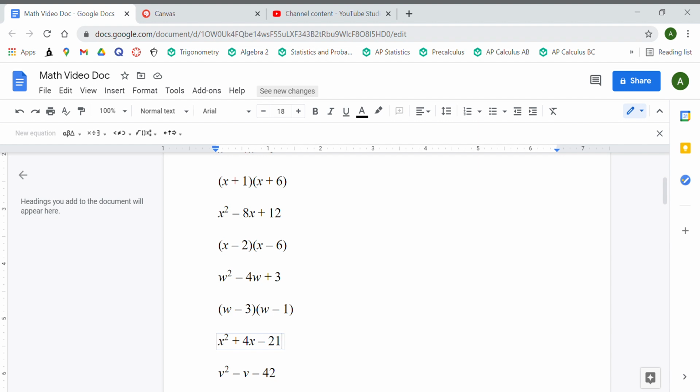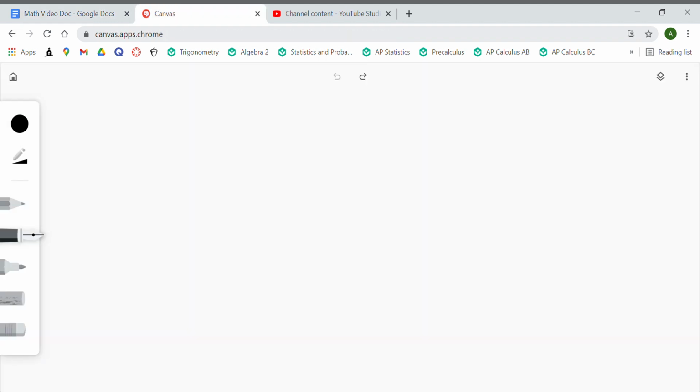And because we have different signs, we're not adding factors, but we are subtracting factors so we can get to 4. So we're going to list out our factors of 21. The factors are 1, 21, 3, and 7.